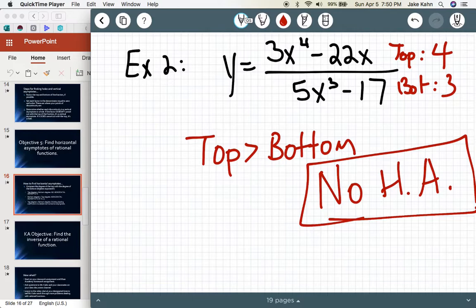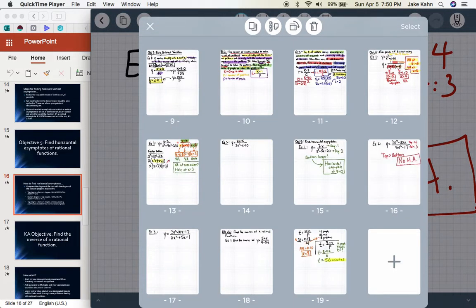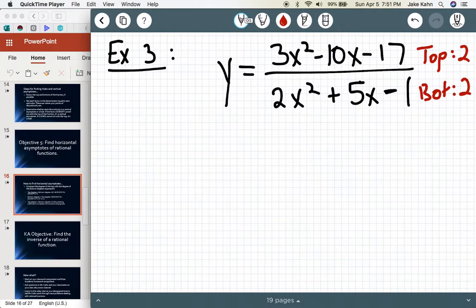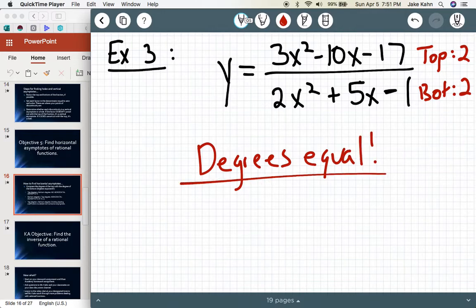Example 3 is going to go over that last case where the degrees are the exact same. Here the top degree is 2 and the bottom degree is also 2, which means that the degrees are equal.